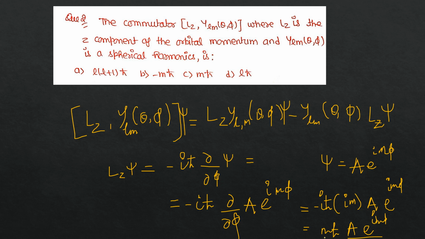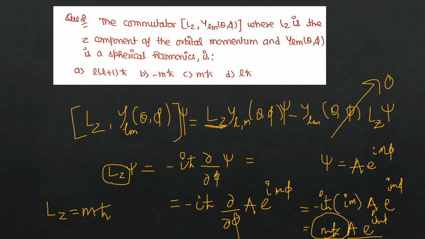This is the eigenvalue of Lz. So Lz is m h cut. This part will become 0, so only this part remains, and the value for Lz will be m h cut. So the answer will be m h cut.